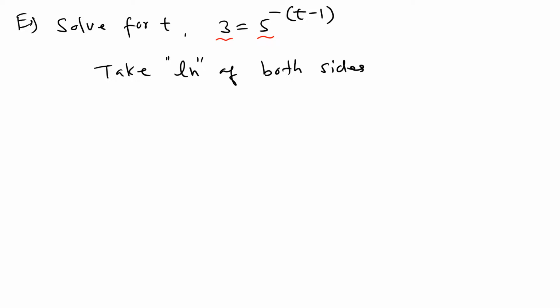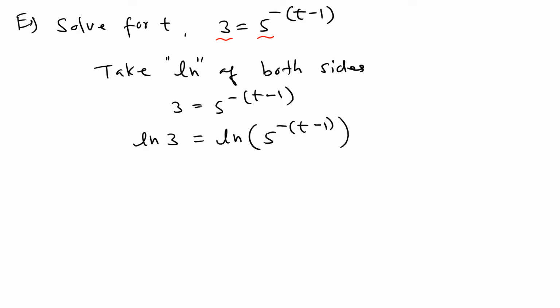If we take the natural log of both sides, we can write this one as ln 3 on this side, and on the other side ln 5 to the negative t minus 1. Now ln 3 we have to leave like that. What can happen here is you can take this power out. This is the power-out formula. You can take out negative t minus 1 times ln 5.